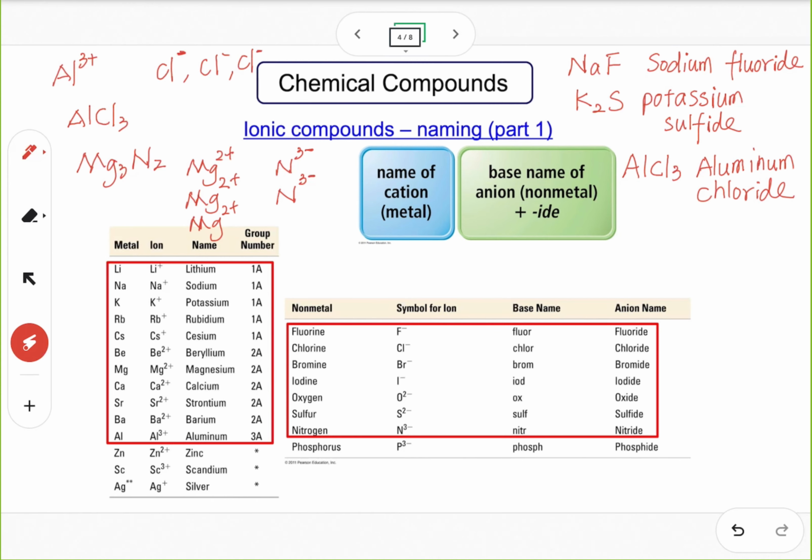When you have 3 Mg2 plus, you write the 3 on the lower right corner of the Mg to indicate how many ions you have. For the N3 minus, the 2 right here tells you you have 2 of them. All right, this is part 1 of the naming of ionic compounds.